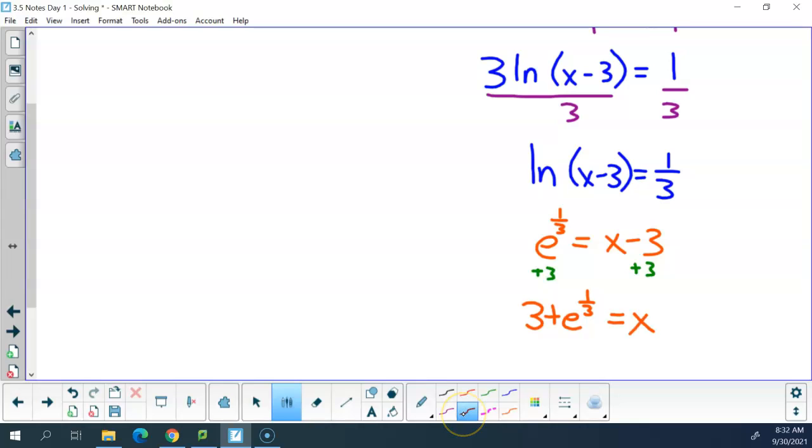Now, if we were asking for exact answers, that would be our exact answer. A cube root? Well, it would be cube root of just e. I mean, you could. Like that? That's fine.